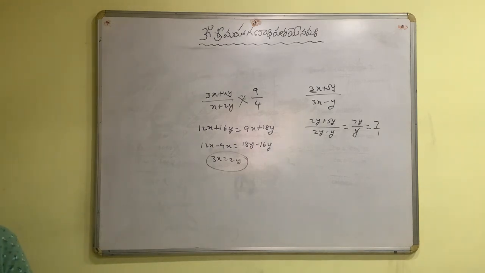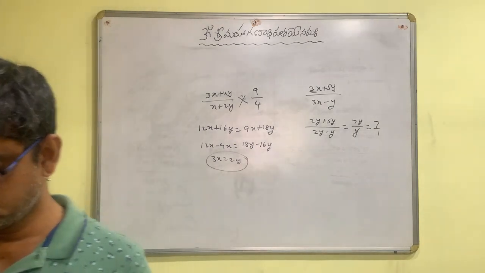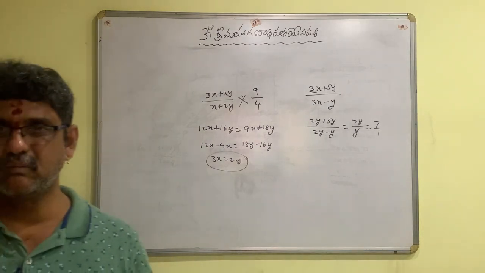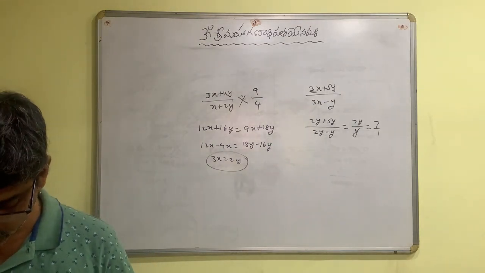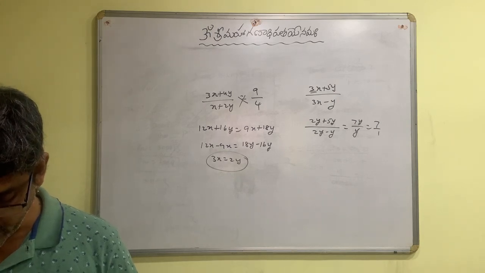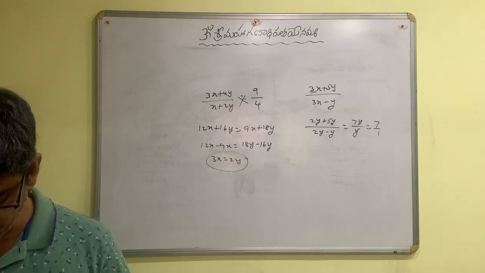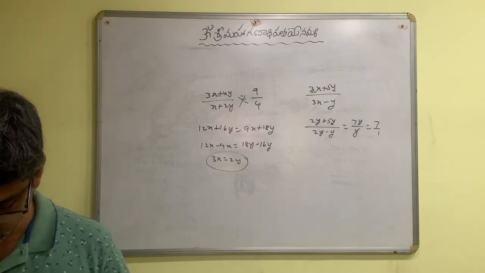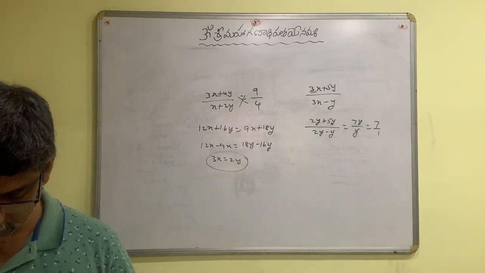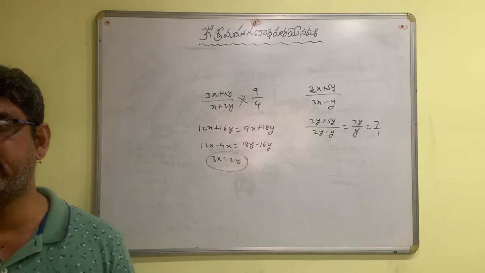Okay. Now, next question. Question number 4. The value of k for which the system of equations is inconsistent.